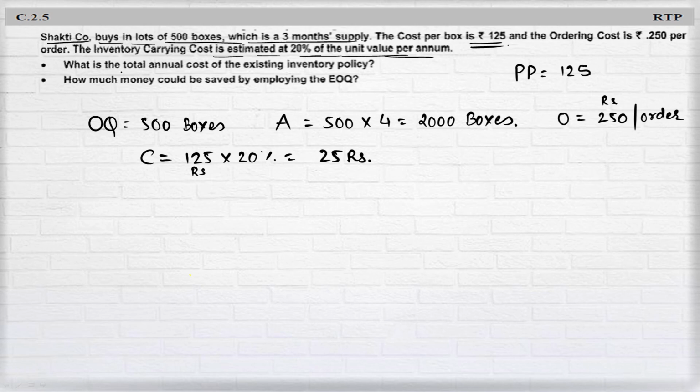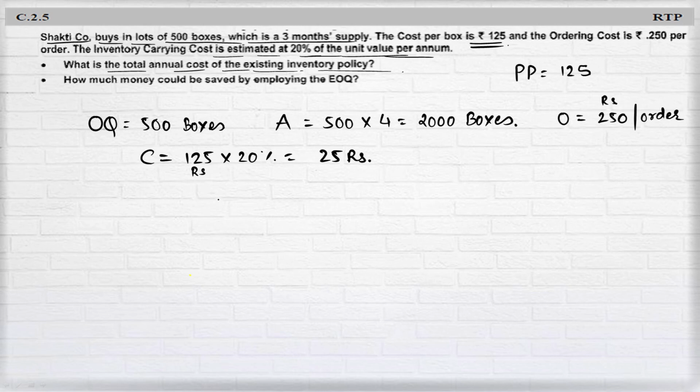Alright. What is the total annual cost of the existing inventory policy? What is inventory policy? Ordering policy. What is the ordering quantity policy? 500 boxes, which is 3 months supply. And they are asking what is the total cost at the current policy.